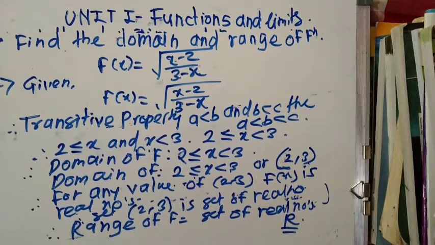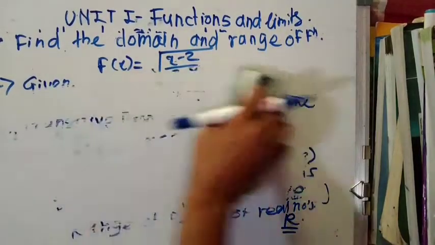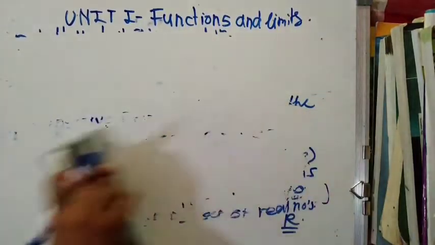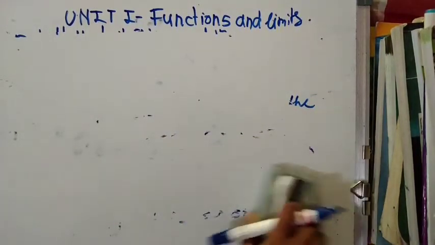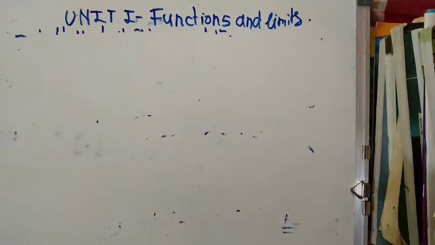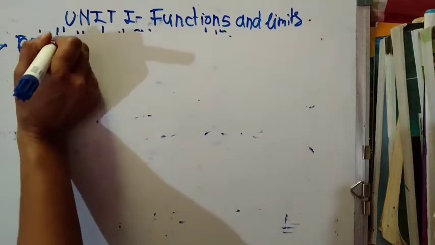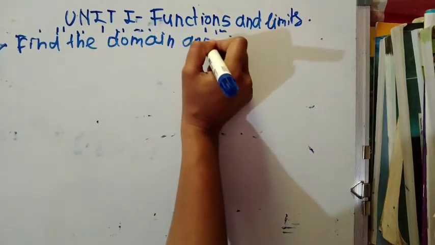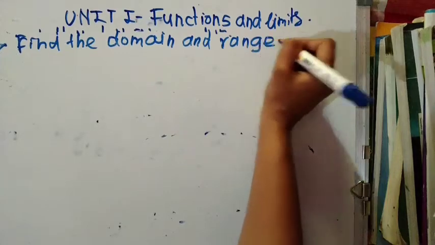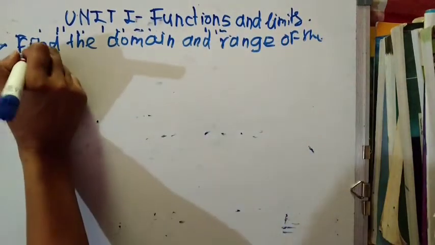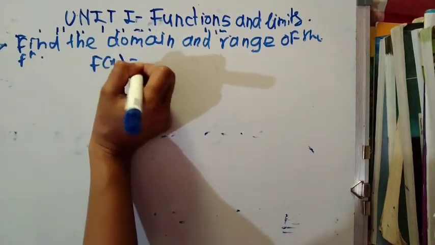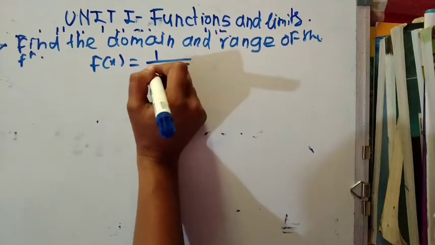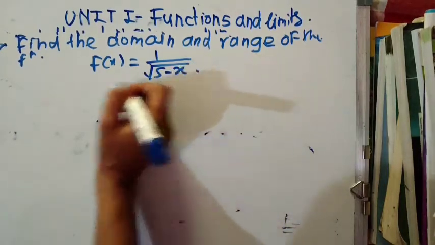Then we study the next example. Find the domain and range of the function f of x is equal to 1 upon root 5 minus x.